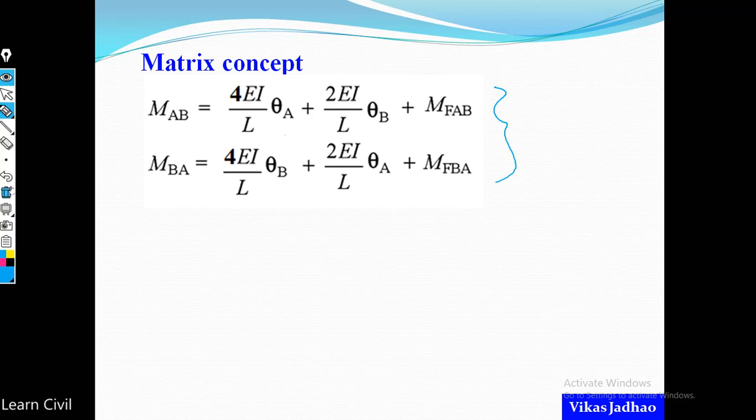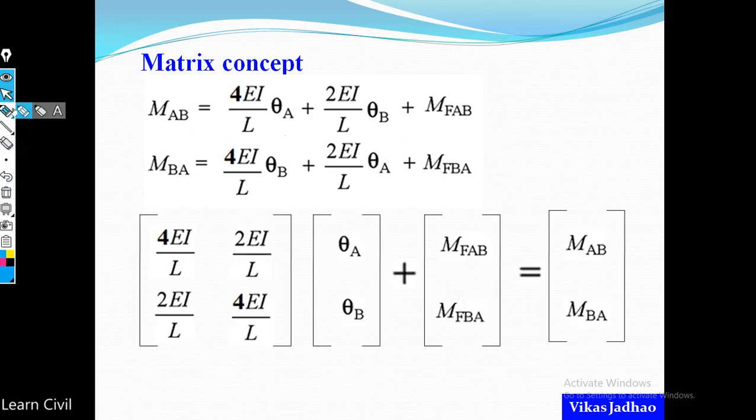We can also write these equations in matrix form like this. The first row multiplied with the first column of the second matrix plus this figure will be equal to this. You can see here MAB is equal to 4EI by L into theta A plus 2EI by L theta B plus MFAB.